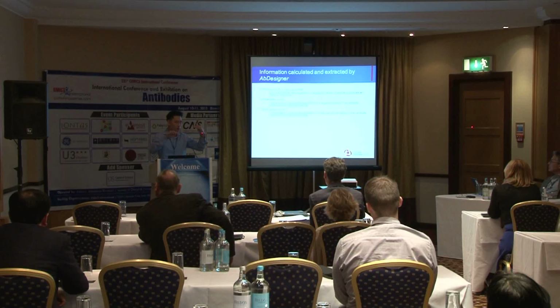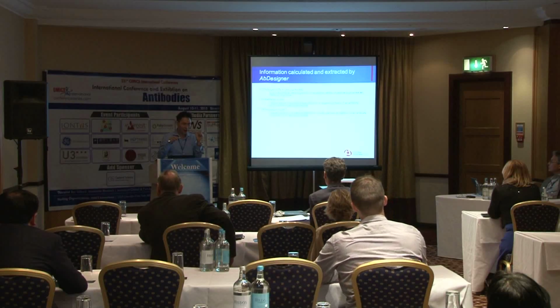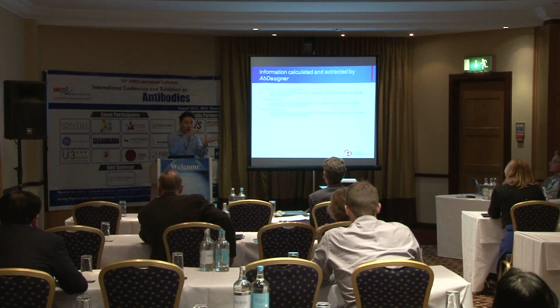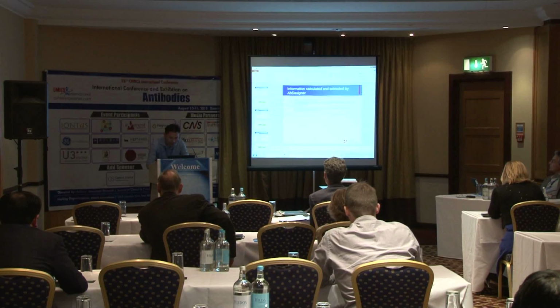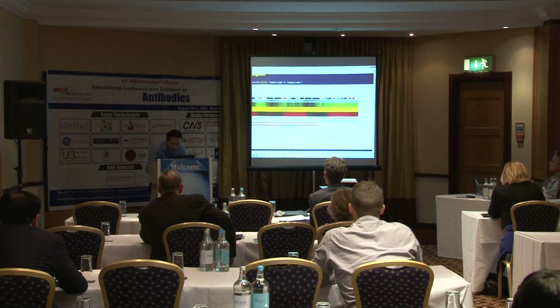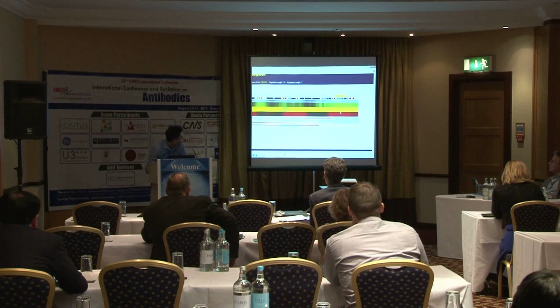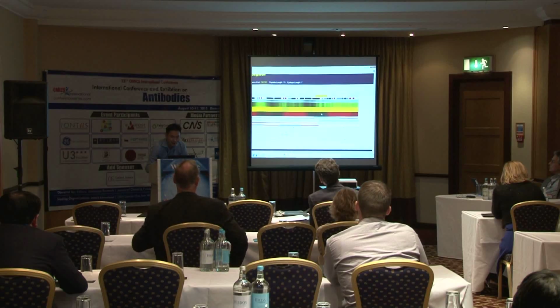Right now we have mouse, rat, and human. Then if you want to make an antibody that can recognize all species, or you want to avoid certain species, that helps you too. Like this green region, you can see it is conserved across 3 species, and this is not conserved.